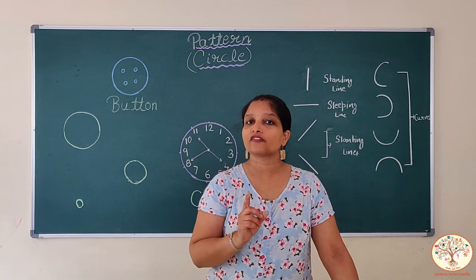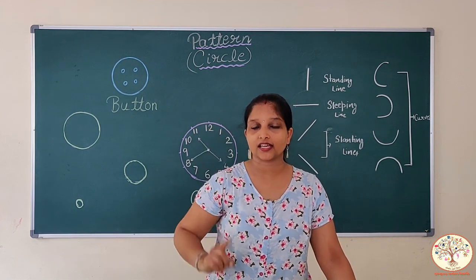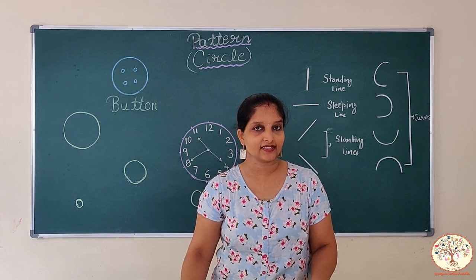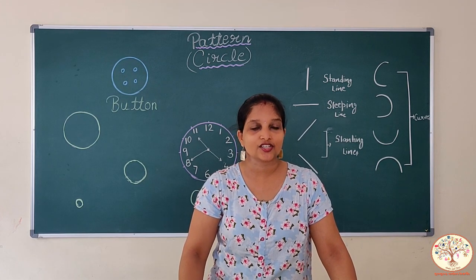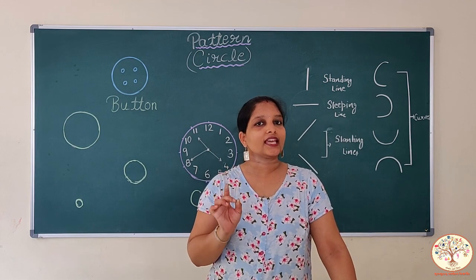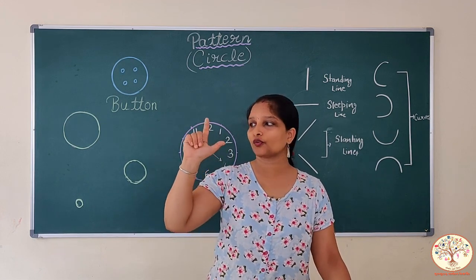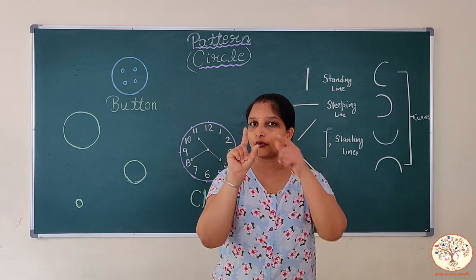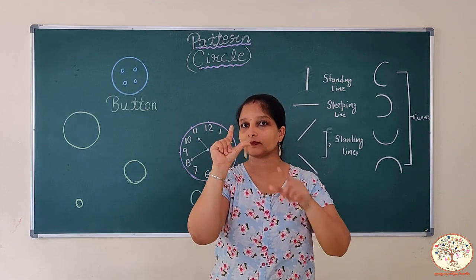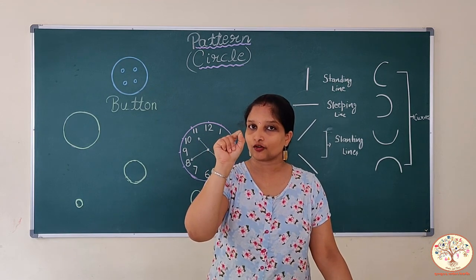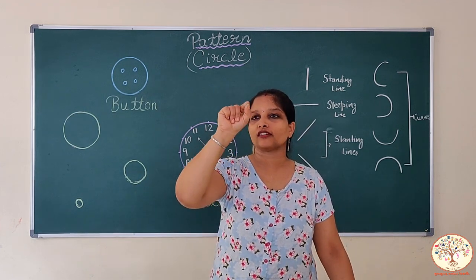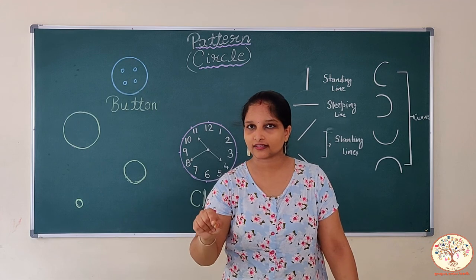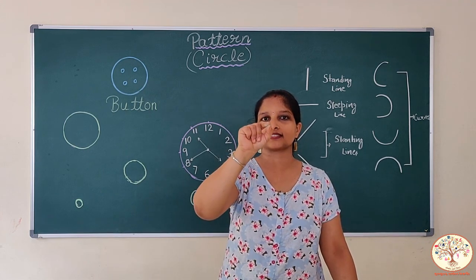As usual, we will first in the air, then on the sand and then on our slate. So, in the air, you have to join your pointer finger and thumb like this. Okay? And move your finger like this.